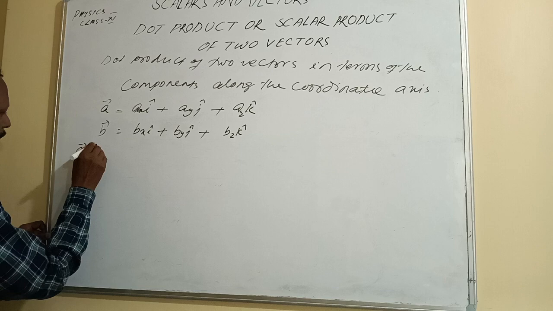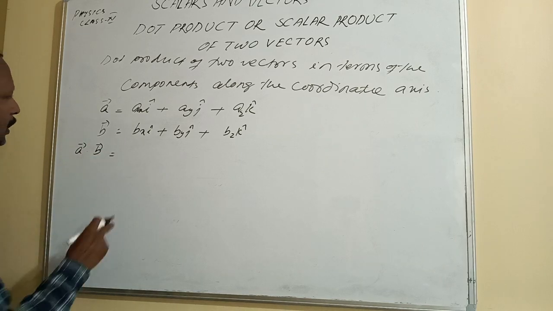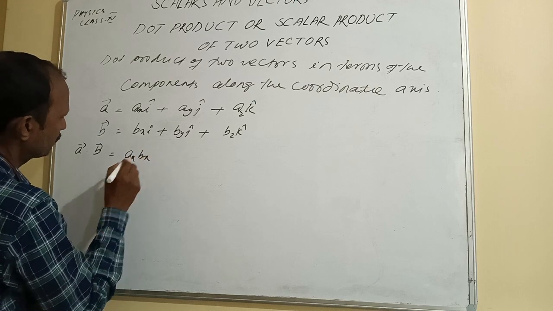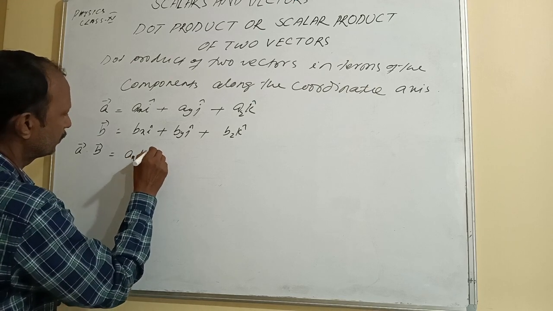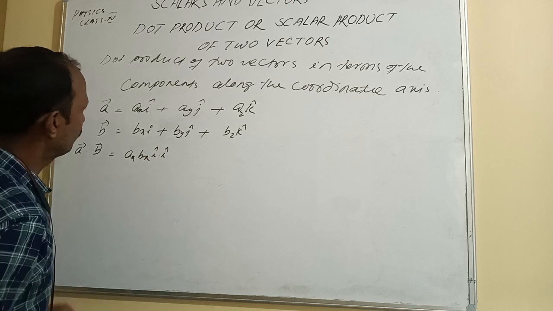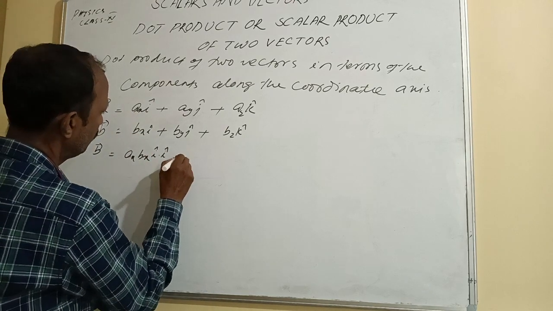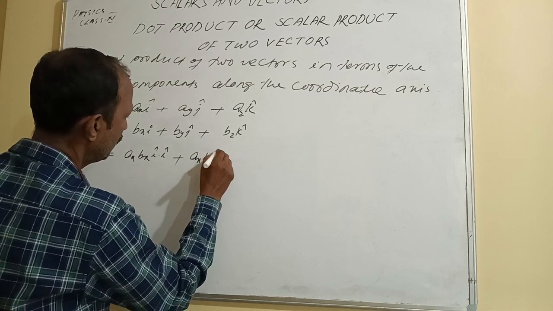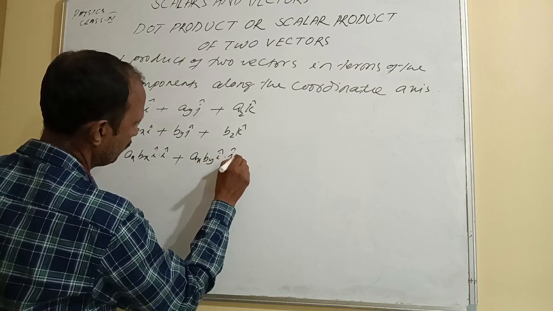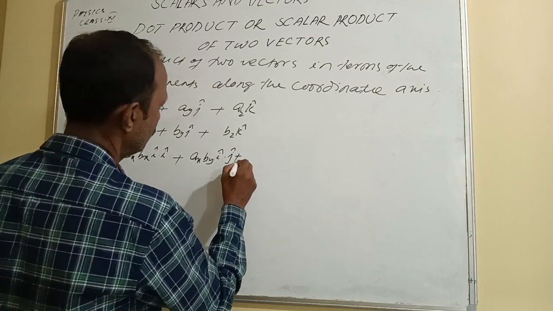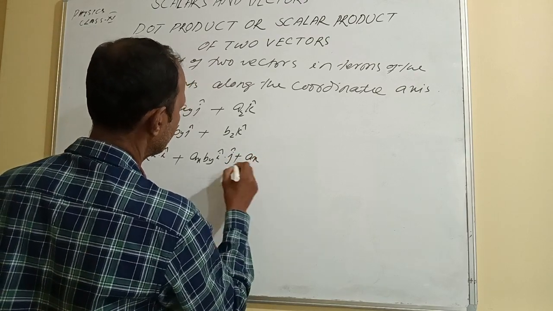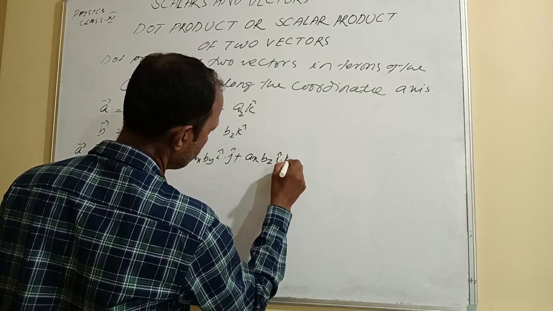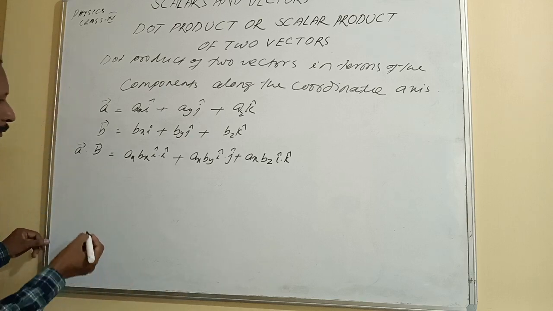Okay. Now let us see. So A dot B is equal to, now I can write, Ax Bx i cap dot i cap, plus Ax By i cap dot j cap, plus Ax Bz i cap dot k cap.